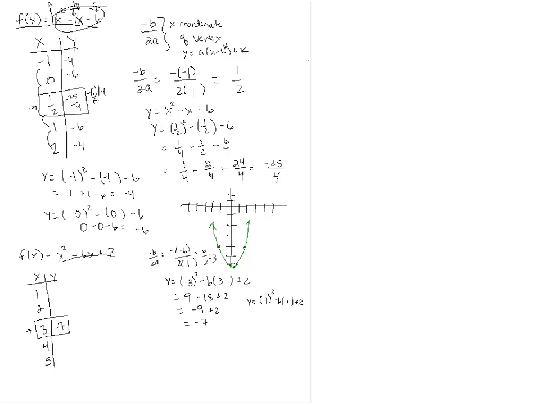So we get 1 minus 6 plus 2, which is 3 minus 6, which is -3. And then plug in the 2. Y equals 2 and 2. So that's 4 minus 12 plus 2. So that's 6 minus 12, so it's negative 6. Okay, so now we can graph it.